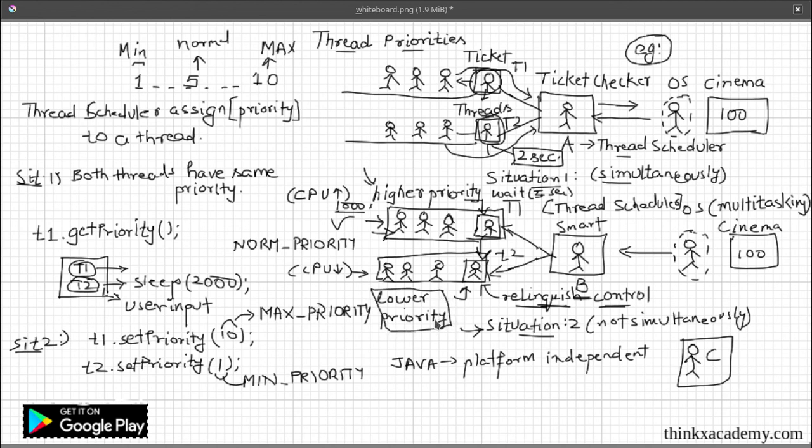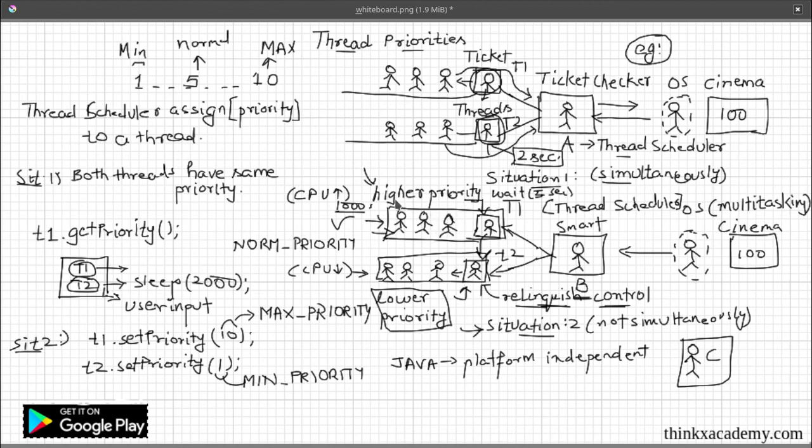And meanwhile this thread will wait for 5 seconds, which means that this person will leave the CPU, or the ticket counter, for 5 seconds, and he will come here and start giving tickets to these people. Now what will happen is, after 5 seconds this queue again has a higher priority thread.